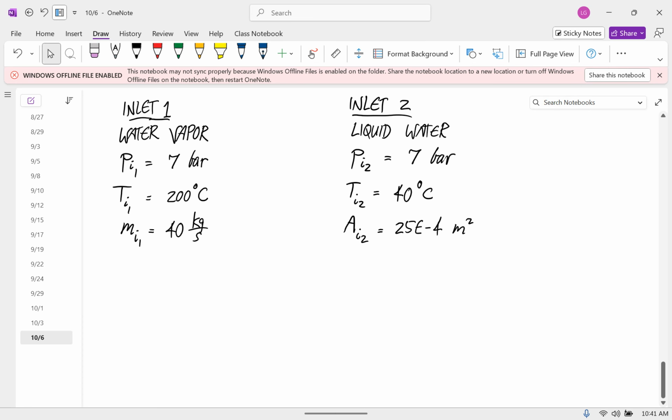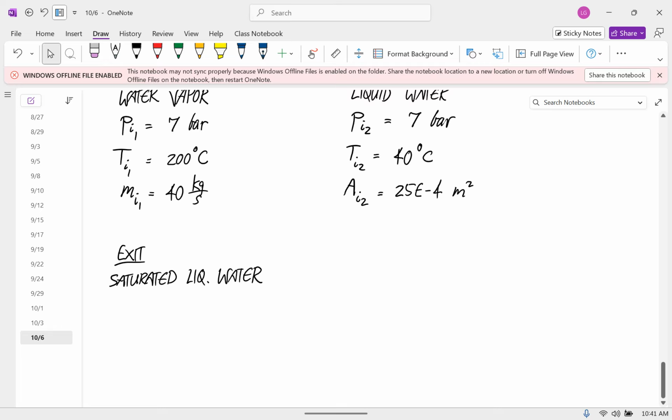And then there's one exit. And at the exit, we have saturated liquid water, and the pressure at the exit is 7 bar.